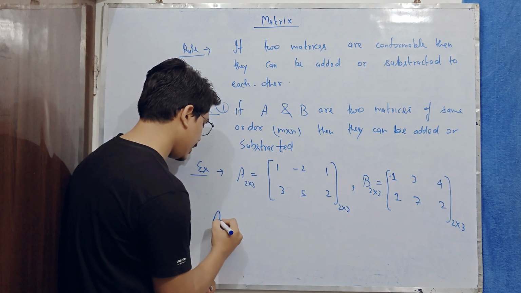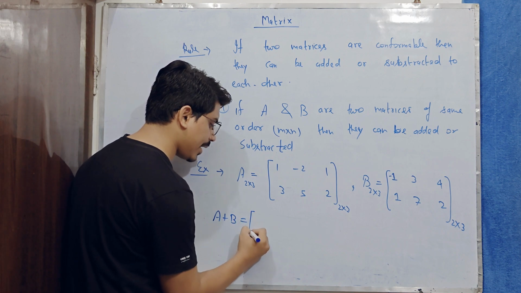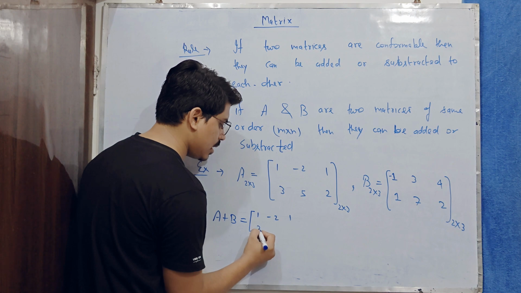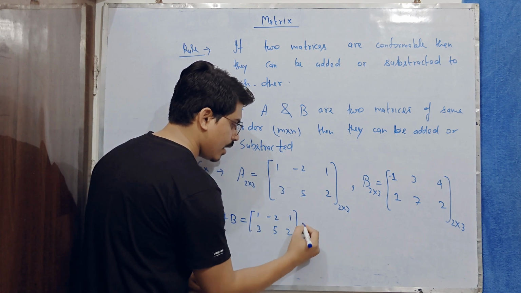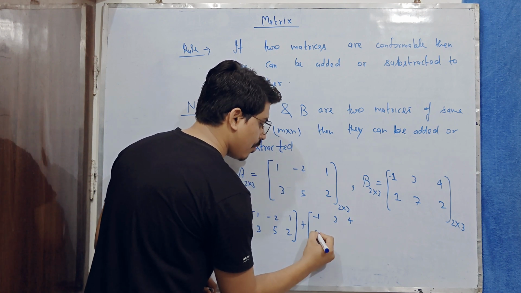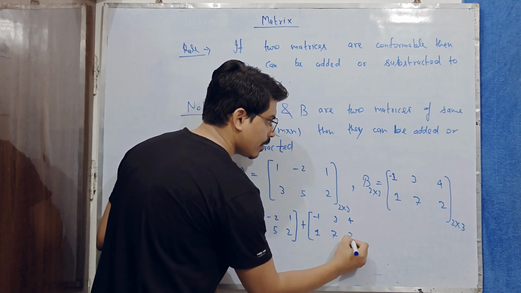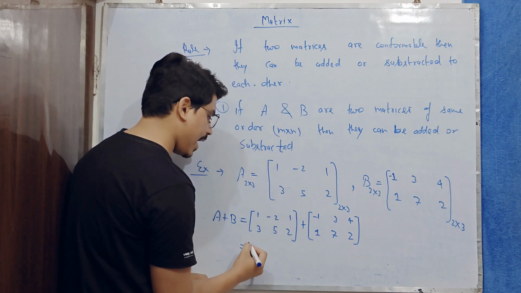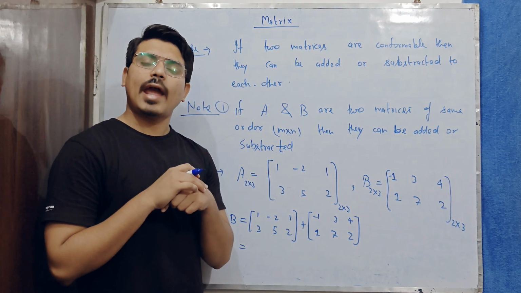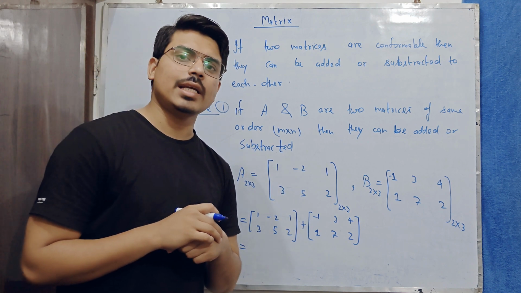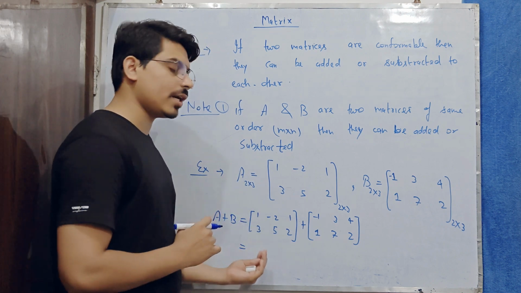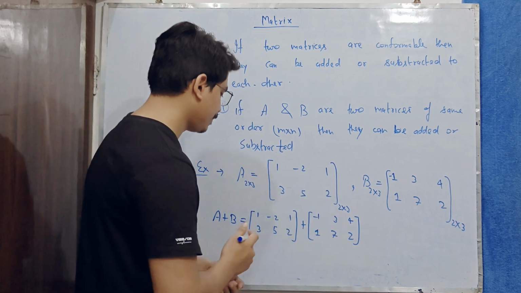Now we add both these matrices. 1 -2 1, 3 5 2 plus -1 3 4, 1 7 2. You can add these matrices by adding each corresponding element of the first matrix to the second matrix.